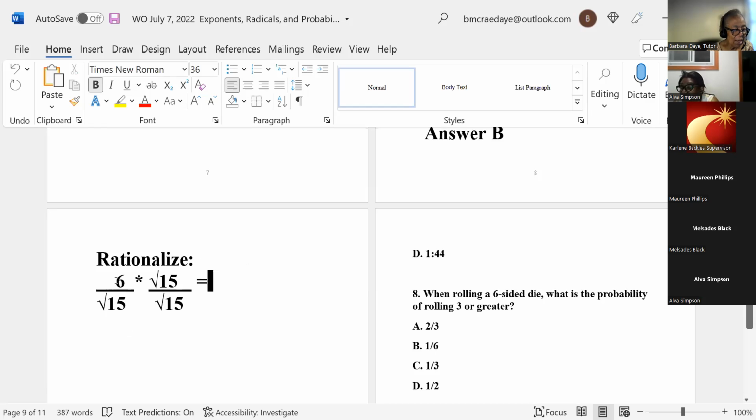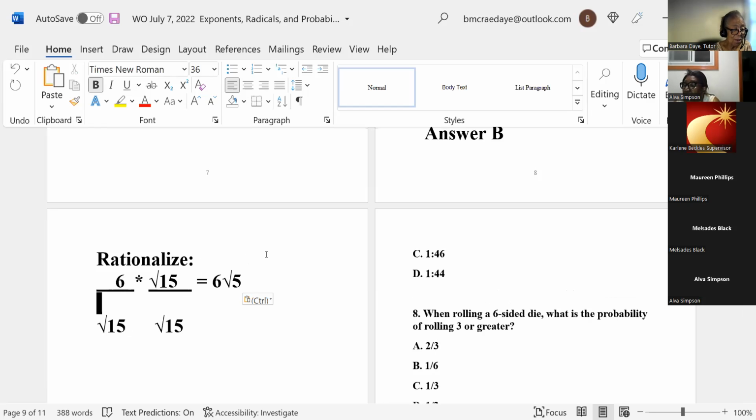So what do I get when I just say 6 times the square root of 15? What is that equal to? That would just be 6, and we just put the square root of 15. Yes, so I get 90. No, you can't multiply a number by a square root.